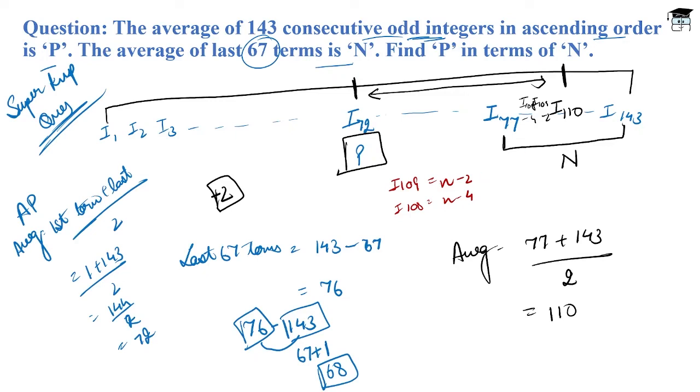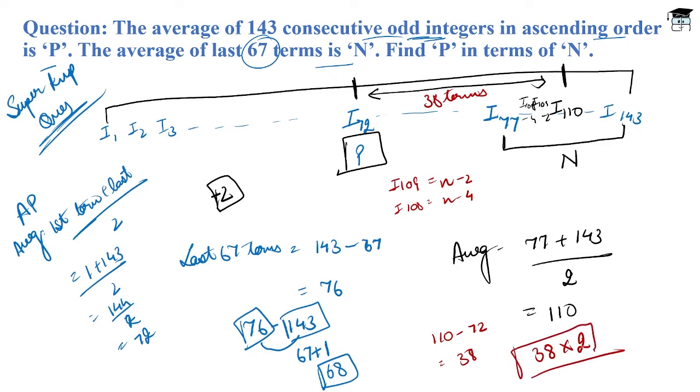So now the difference here: how many terms are there from 72 to 110? There are 38 terms, or you can say 38 digits. 110 minus 72 is equal to 38. So there are 38 terms, and each one is decreasing by 2. So the total is 38 into 2.